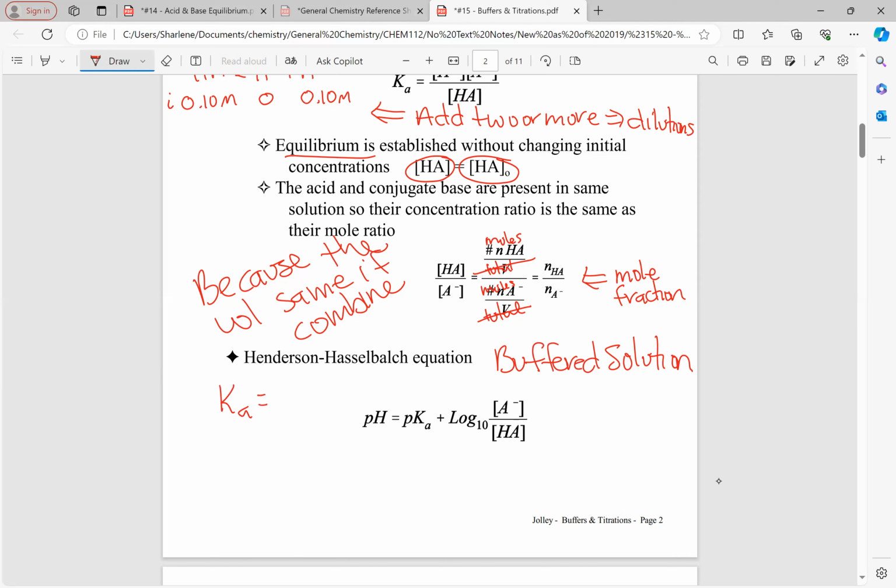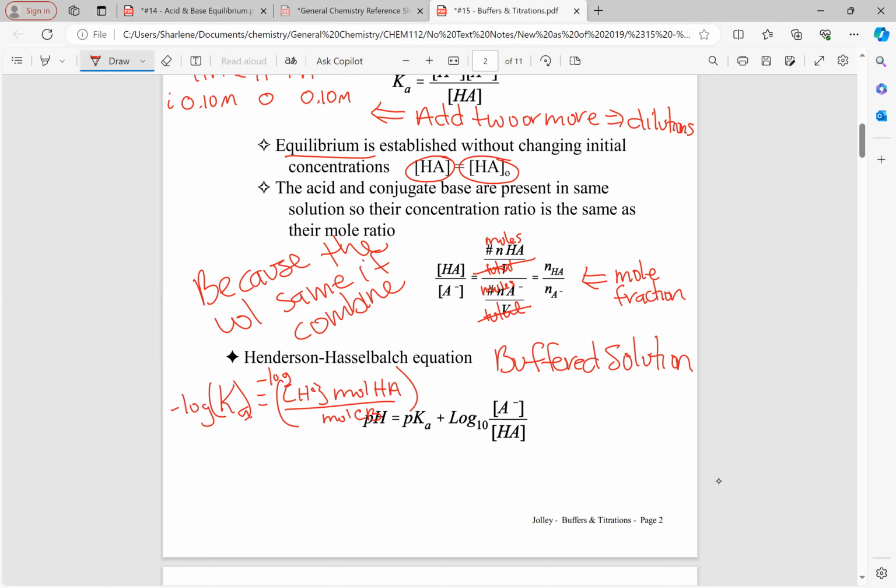Let's see, so the proton times the moles of the acid over the moles of the conjugate base. Okay, bear with me, I'm just trying to put a visual in there. And I'll take the negative log of both sides.